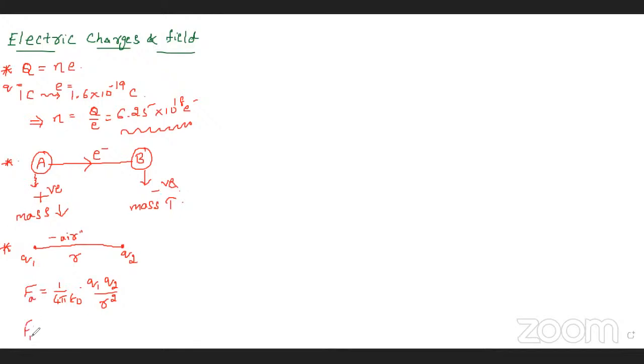Suppose it is completely filled with some dielectric medium, not air. Then the force is given by F equals 1 by 4 pi epsilon naught into Q1 Q2 by R squared, with one extra term, K. This K is a constant called the dielectric constant.